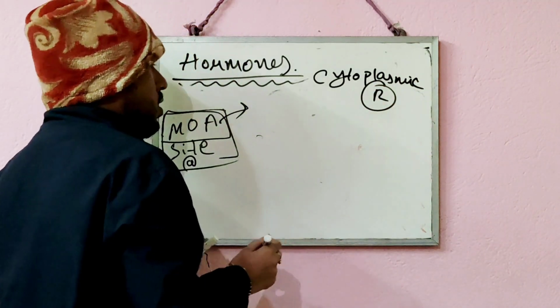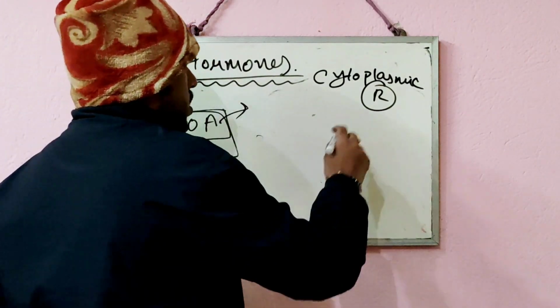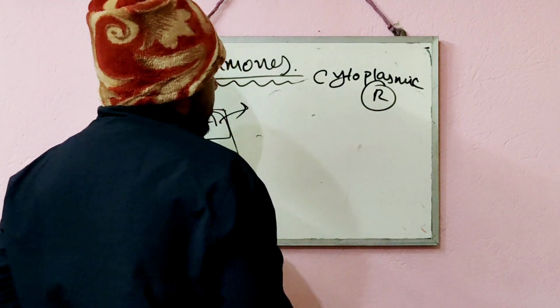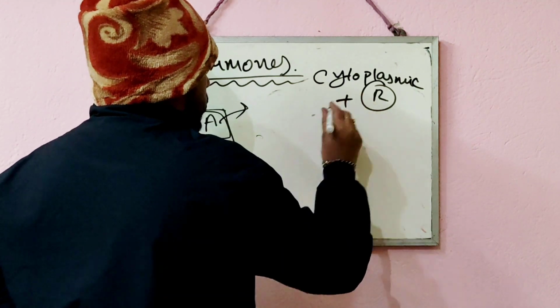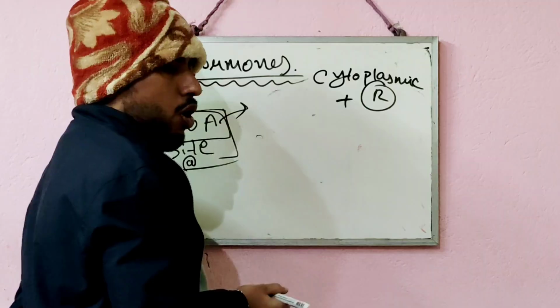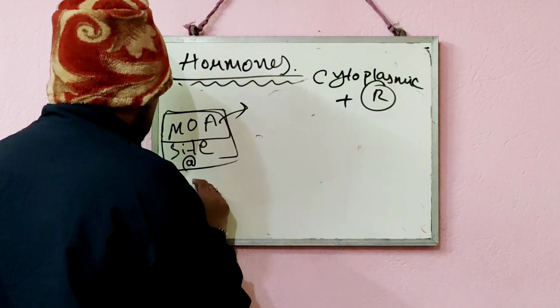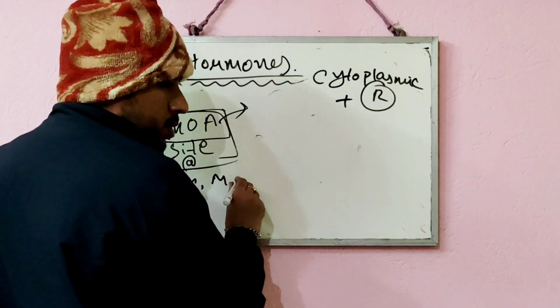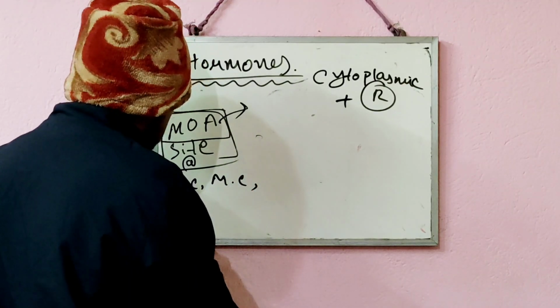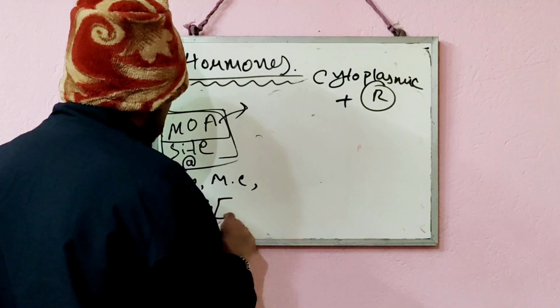We will now discuss the different hormones that show their action by binding with cytoplasmic receptors. What are the hormones that show their action by this type? That is glucocorticoids, then mineralocorticoids, then testosterone, progesterone, estrogen.